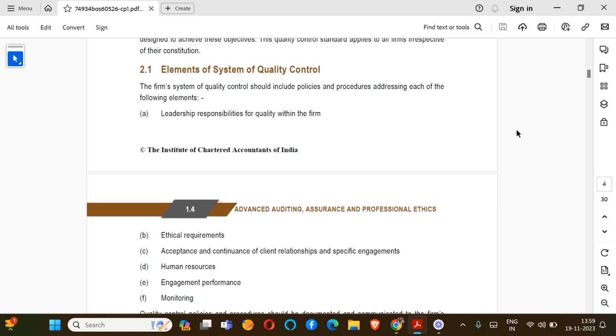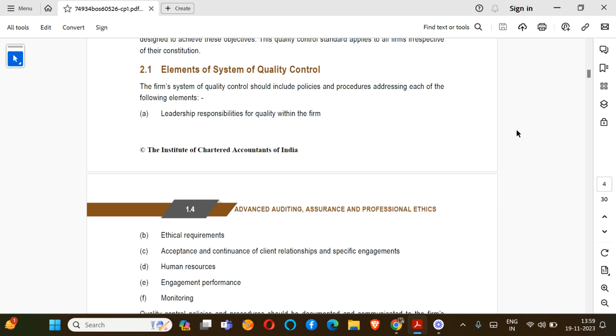The first one we read was leadership responsibilities for quality within the firm, which emphasized the management's role, the firm's role, the senior partner's role in maintaining quality throughout the engagement and otherwise as well. Next, we studied ethical requirements.